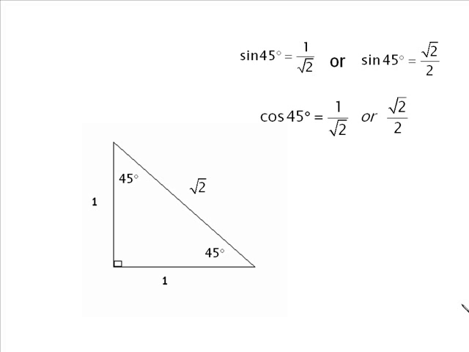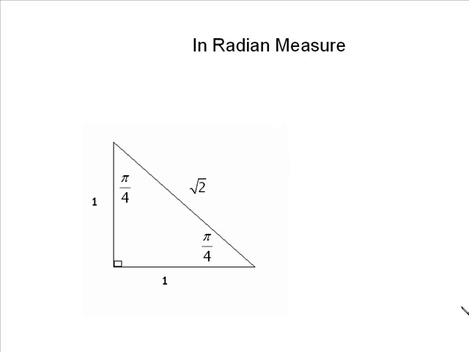The good thing about 45 degrees is you get the same cosine ratio. Cosine of 45 is equal to sine of 45, 1 over root 2. Better still is the fact that the tan of 45 degrees is equal to 1. That one your calculator would handle. Let's take a look at these in radian measure. 45 degrees is equivalent to pi over 4 rads.